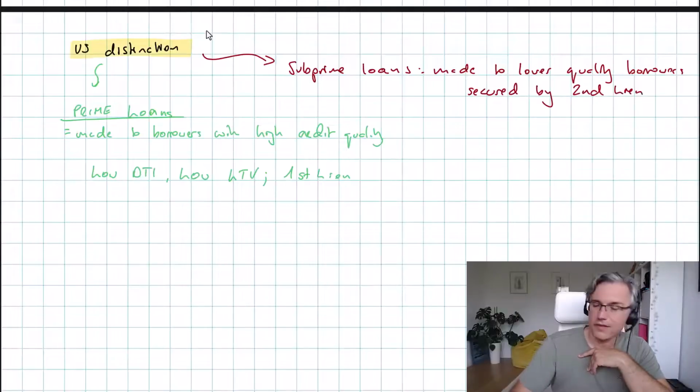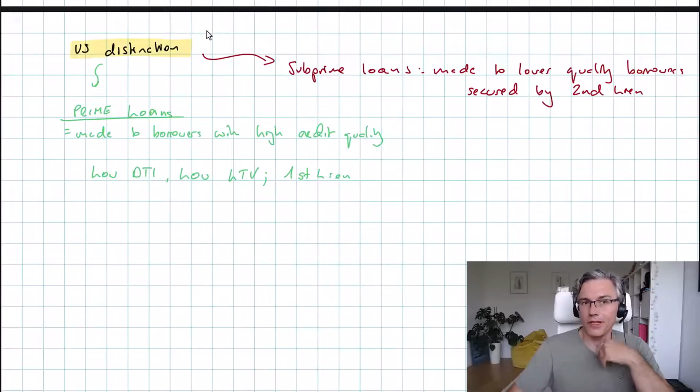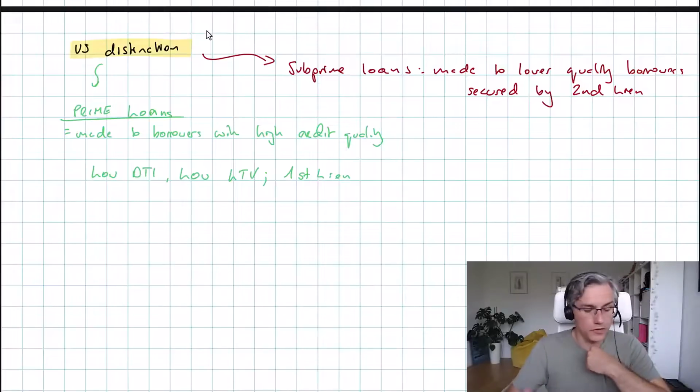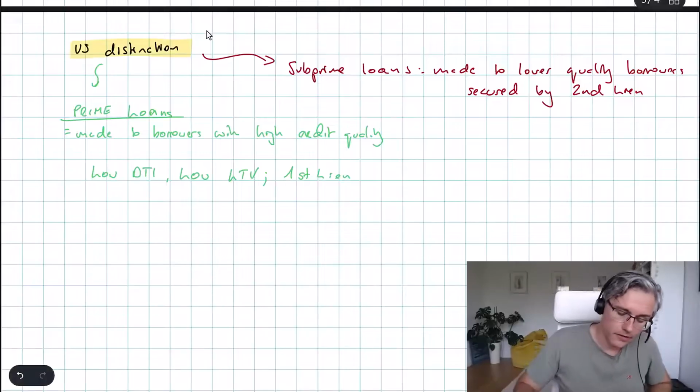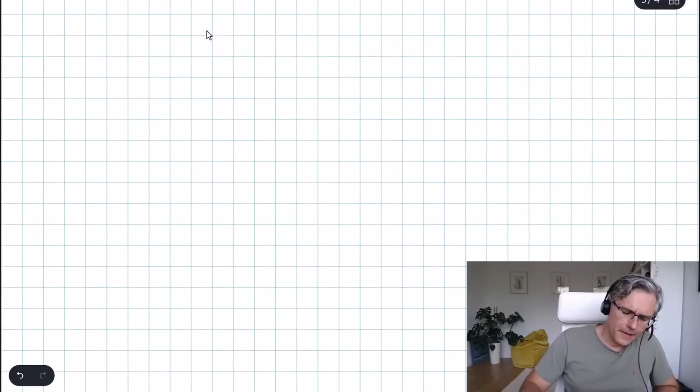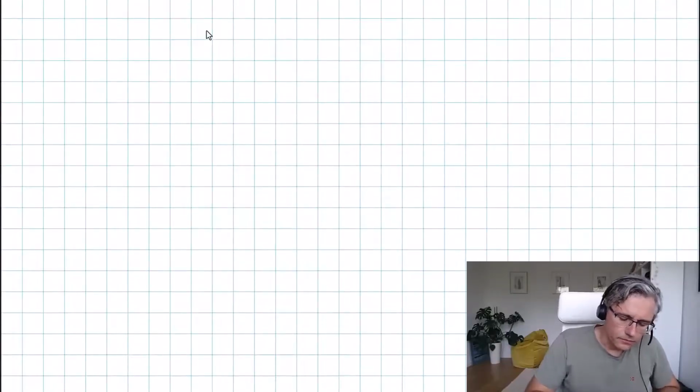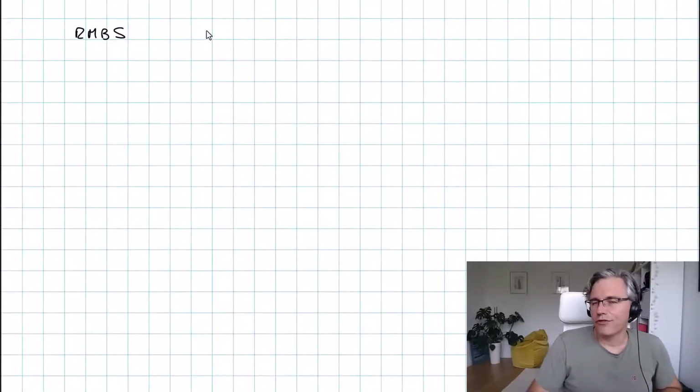So the lender is not the first one whose claims will be satisfied from the sale of a property. Such loans are nevertheless made. They're called subprime loans.